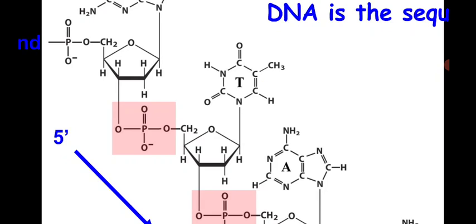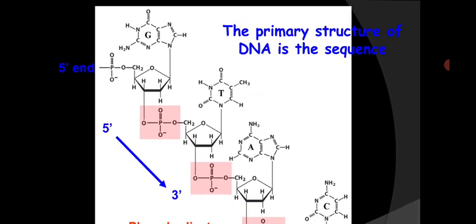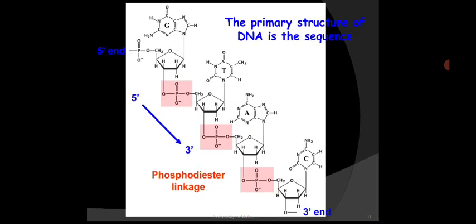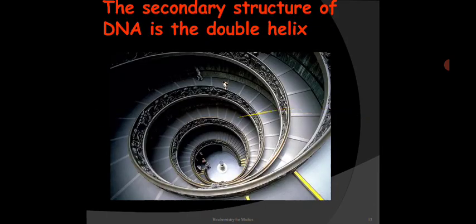So here you can see the 3' carbon atom linked to the 5' carbon atom of the deoxyribose sugar in the DNA, and the phosphodiester bond is the strongest covalent bond present in the DNA. So this is about the bonds involved in the DNA structure.